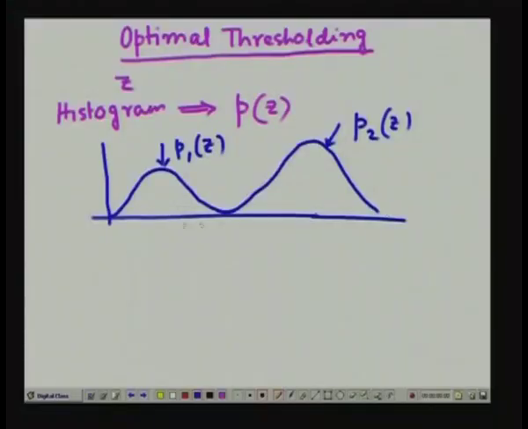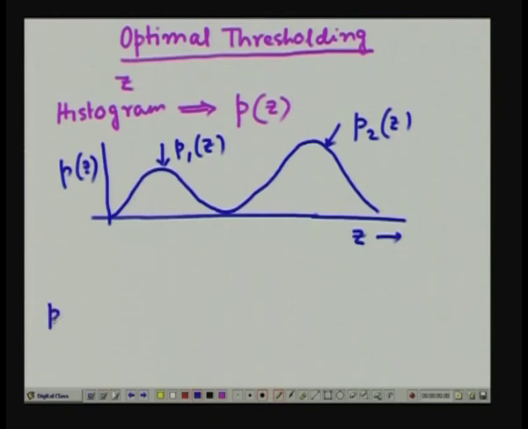P1(z) indicates the probability density function of the intensities of pixels which belong to, say, the background, and P2(z) is the probability density function of the pixel intensity values which belong to, say, the object. Now, this overall histogram, that is p(z), can be represented as a combination of P1(z) and P2(z).